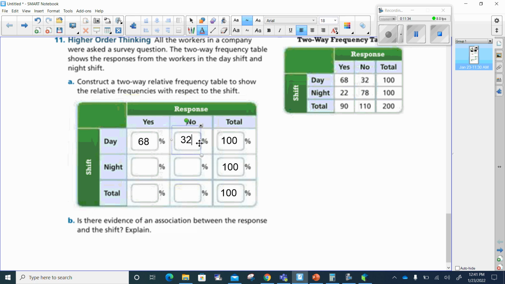And that makes sense because 8 plus 2 is 10. Carry the 1. 1 plus 6 is 7. 7 plus 3 is 10. Now we have to look at these, which will be also 22 out of 100. So that'll be 22. And this would be 78.